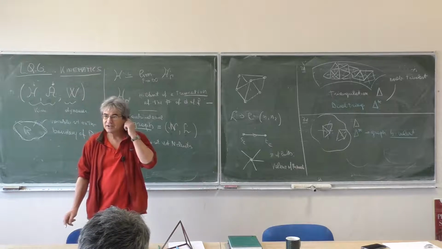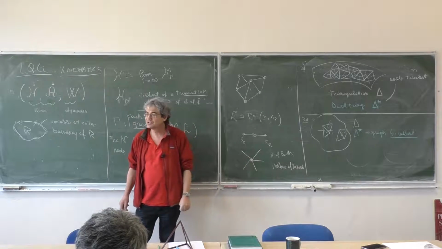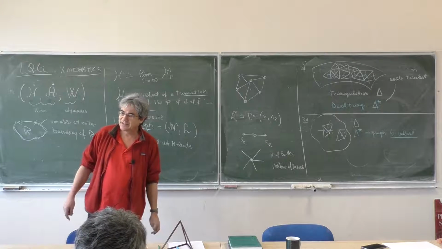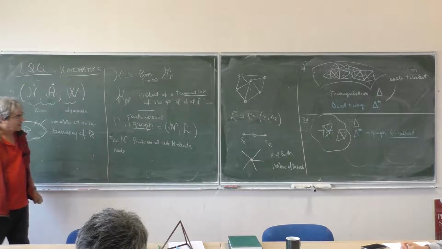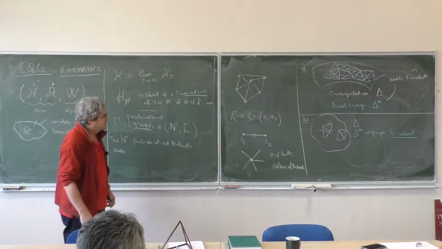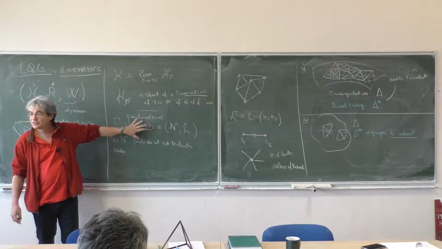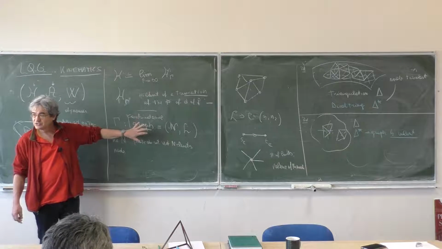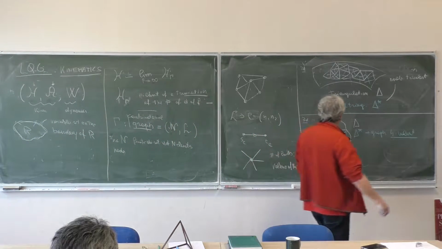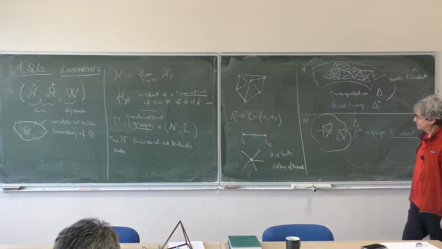Okay, so somebody works with arbitrary graphs. Concretely, when you work, you try to work with graphs dual to triangulations up to the point in which it's too hard and easier to use more general graphs. You'll see how this goes. Here, let's work with graphs which are dual to four-dimensional triangulations. So I'm going to consider graphs which are four-valent and such that there is a four-dimensional triangulation for which they are the dual.